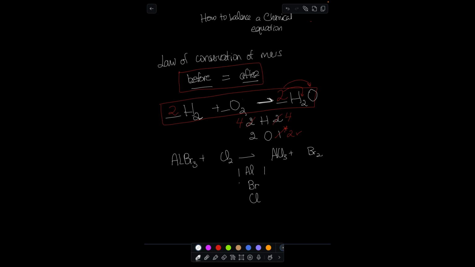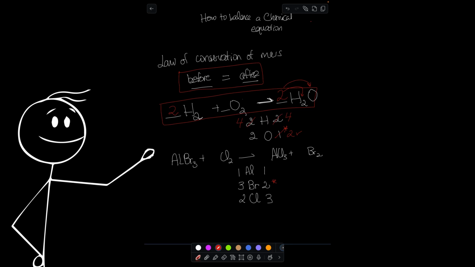For bromine, we have 3 on the left and 2 on the right. And for chlorine, you can see 2 atoms on the left and 3 on the right. So we can see that the law of conservation of mass is not held here. So we're going to have to alter that.